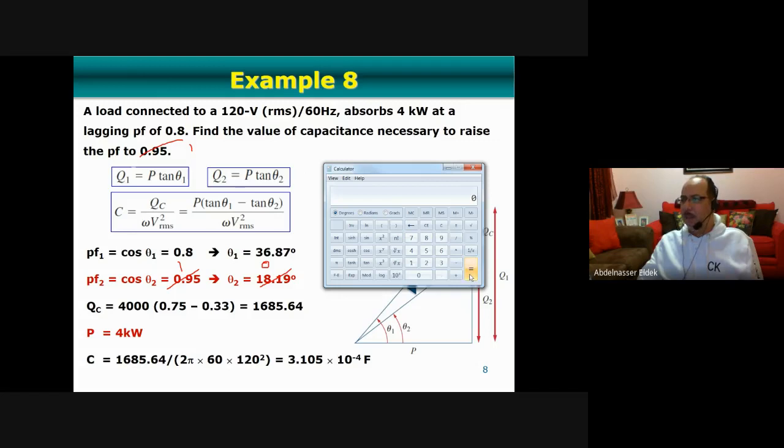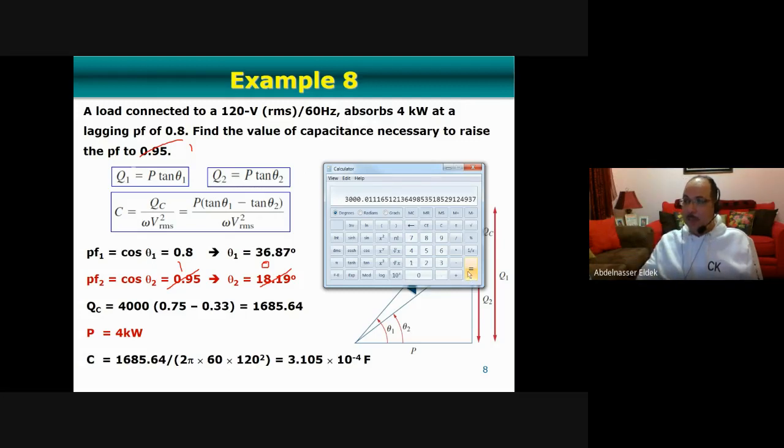So it will be 4,000 times, open bracket, tan 36.87, close the bracket, which gives about 3,000.